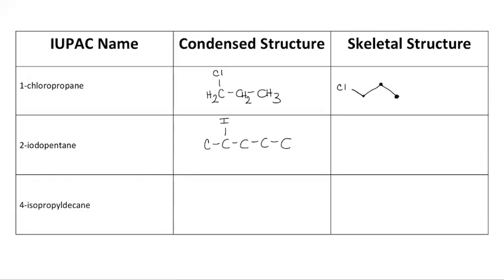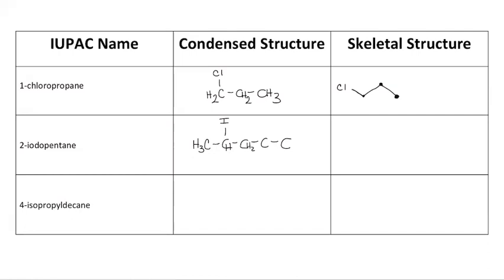Starting from left to right, how many hydrogens does the first carbon get? Great. How many hydrogens does the carbon with the iodo group get? What about the next two carbons? How many hydrogens do they get?